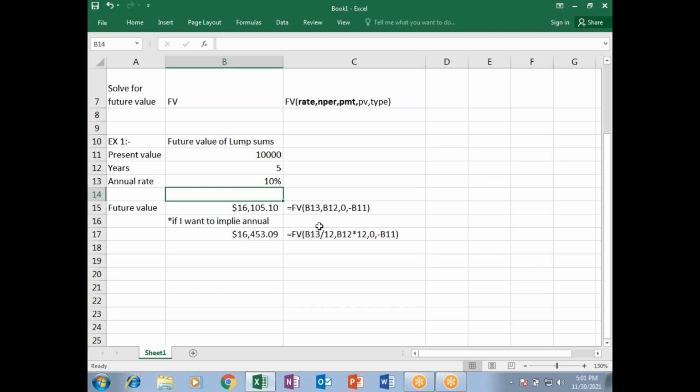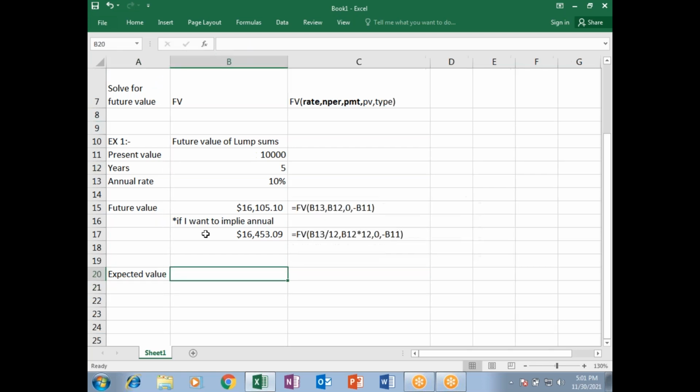Think that I am expecting an expected value. So my expected value will be 17,000.